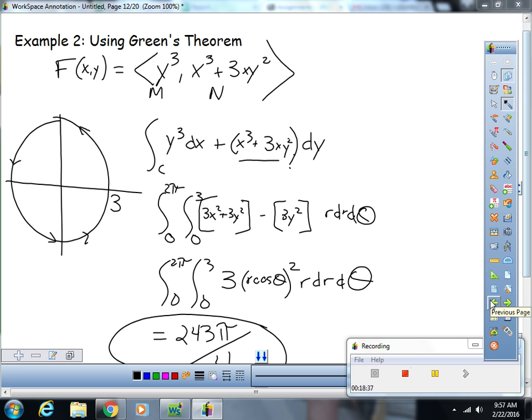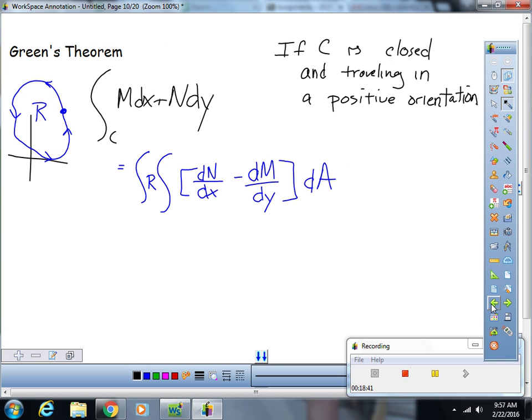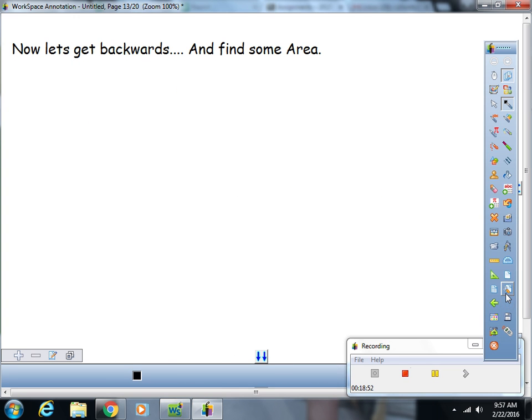Somebody, namely this green guy, was like, hey, it might be a lot easier to do our line integral by finding the area. Well, then that means that maybe sometimes it will be easier to find the area by doing what? The line integral, okay? It's just a flipped way to think about it.